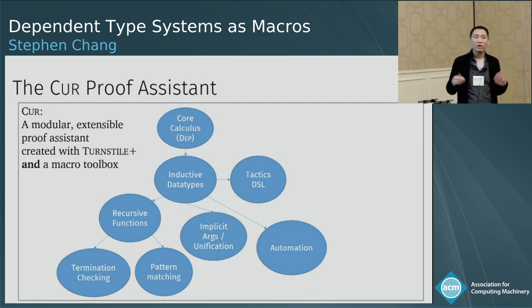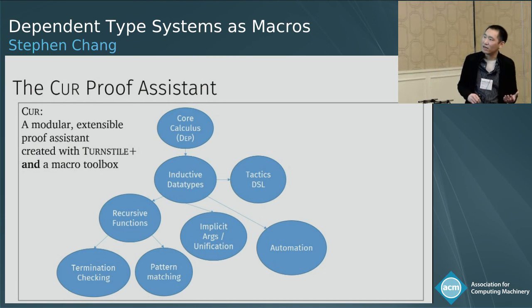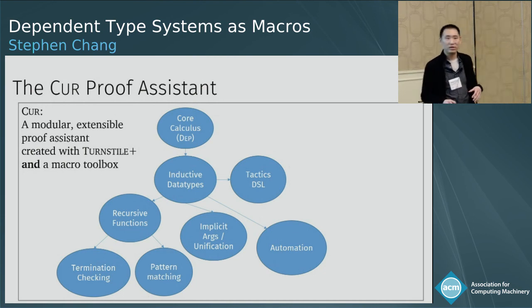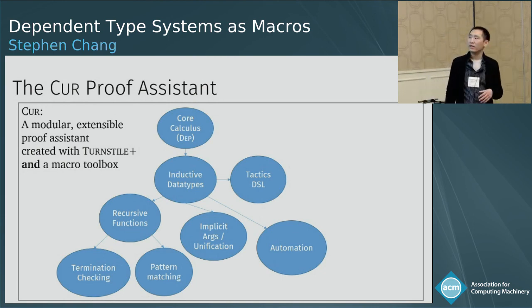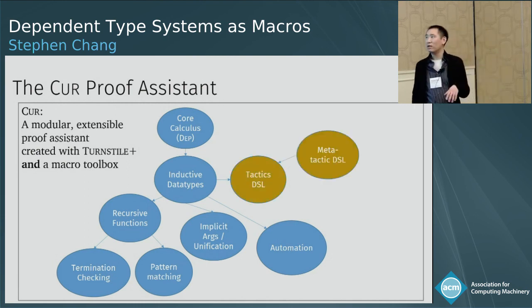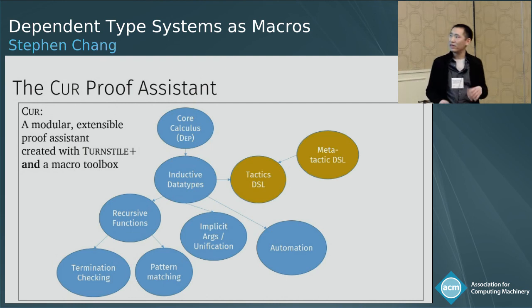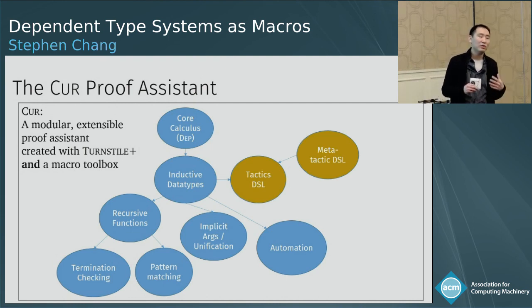And in addition, we made use of many of the macro tools that are also included with Turnstile Plus. And in the rest of the talk, I just want to explain at a very high level how macros helped us implement many of the parts of Cur.